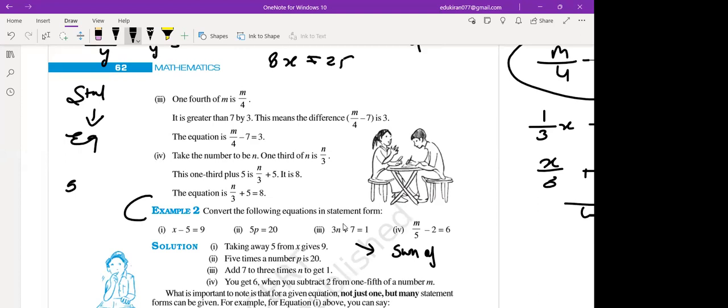Or you can write adding 7 to 3 times n is 1. It's your choice.